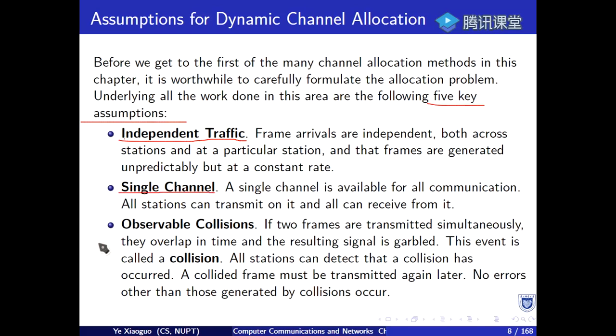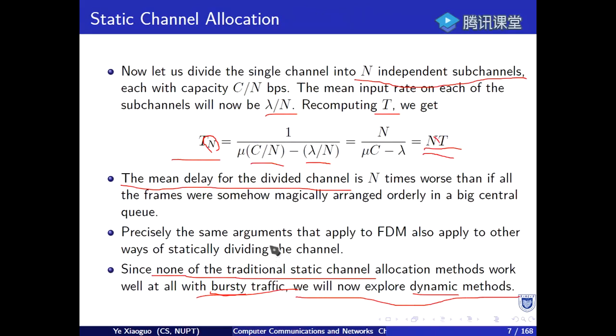Second, single channel. A single channel is available for all communication. Why a single channel? We assume a single channel because dividing the channel into subchannels is not suitable for bursty traffic.